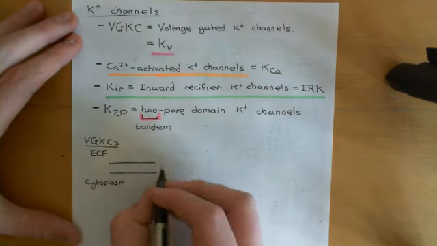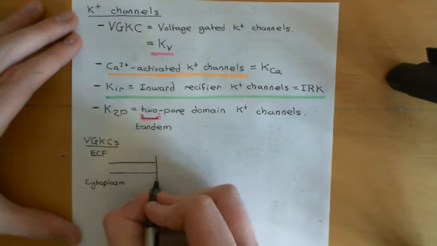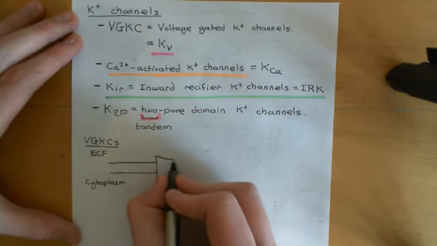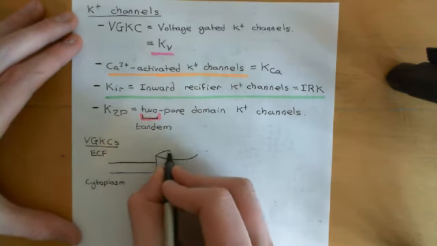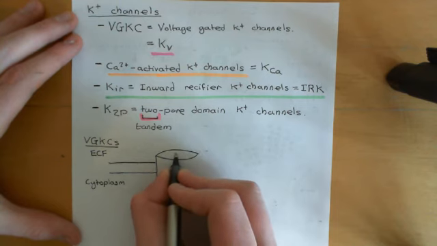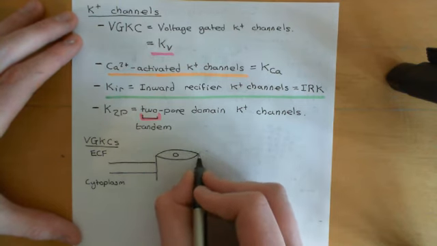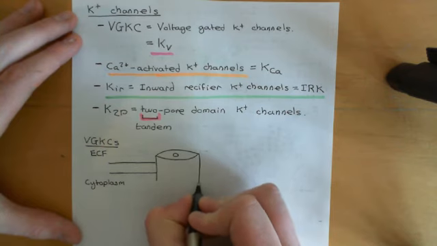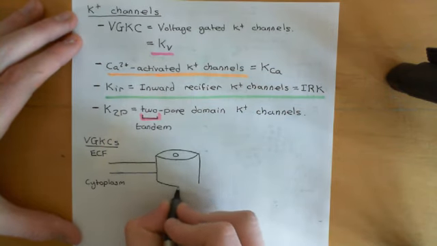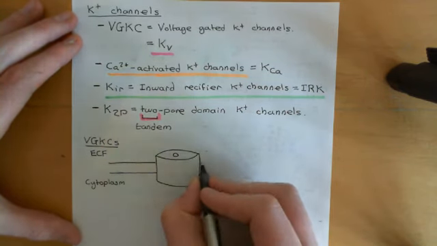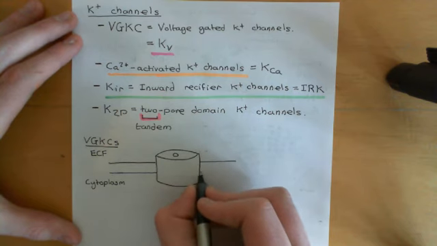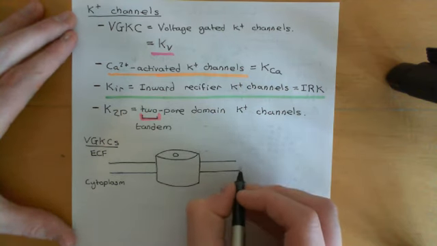Okay, and the voltage-gated potassium channels are going to be sitting in the plasma membrane. So let me draw this here. Now they are not just one protein, so this is the first important concept. In fact, none of these potassium channels are going to be just one protein. They're all multi-protein complexes, made up of more than one protein stuck together.